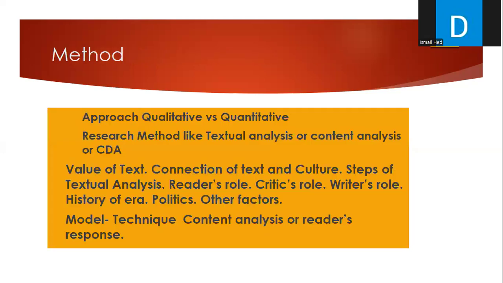Second point, which is very important while composing a research paper, is to write about a method. Method, as you know, is very important for research work. You could follow various methods such as content analysis, such as textual analysis, such as TDA, or other research methods.